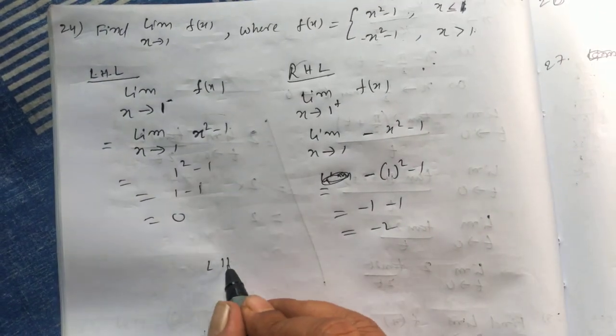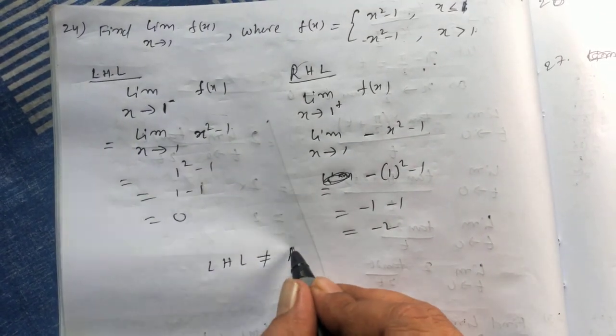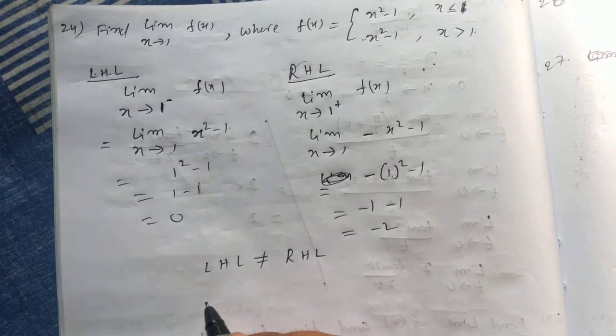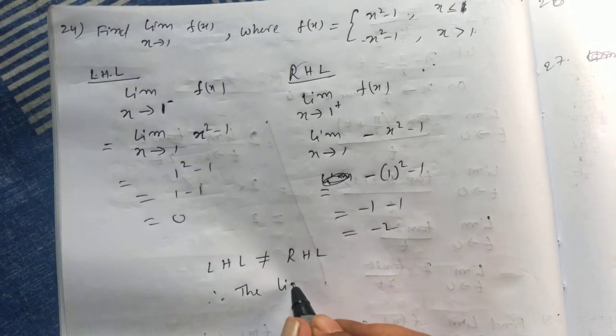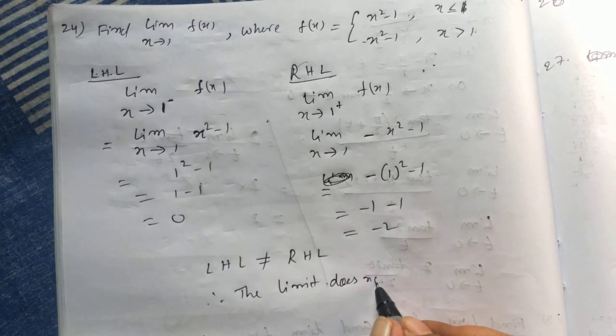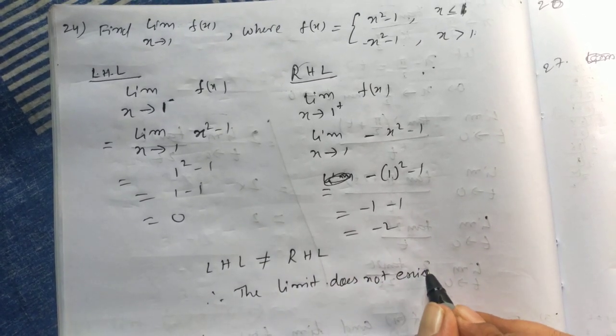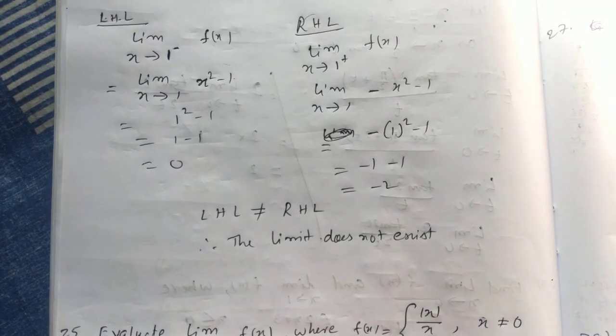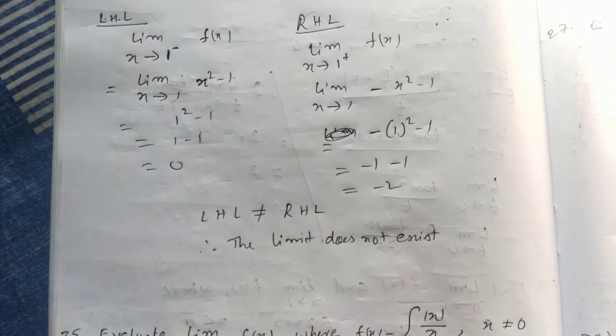Here left hand limit is not equal to right hand limit, therefore the limit does not exist. Limit does not exist means we cannot find the value of limit.